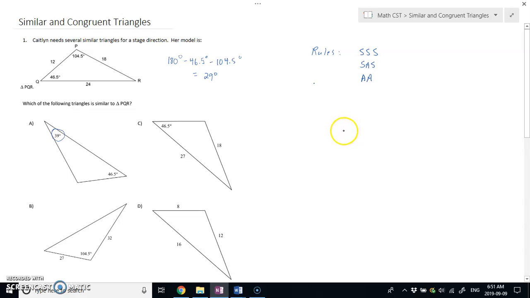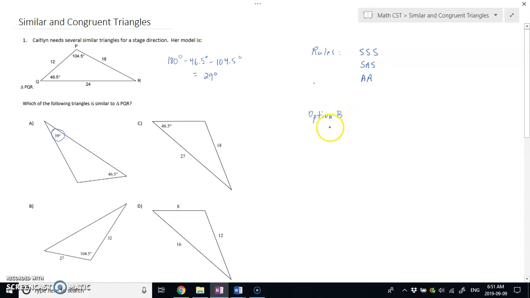Looking at B, we have a situation where we have side, angle, side, and enclosing the 104.5 degrees. And what you're going to do in this case is I'm just going to write option B over here so we can do a little bit of work.